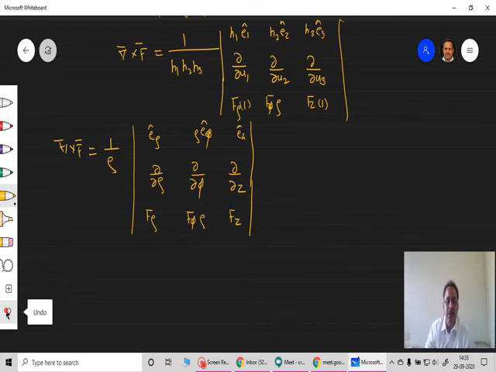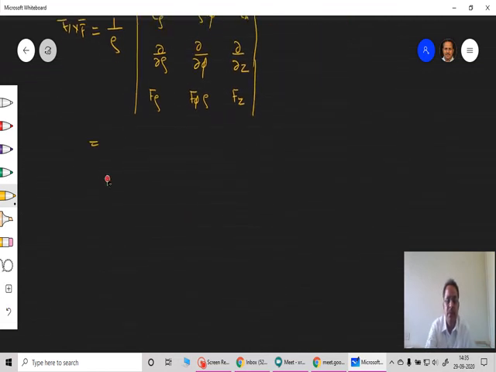Now you can solve this determinant. Solving this, as usual, you have to go first into this product of this minus product of this into this, first component in the first row.